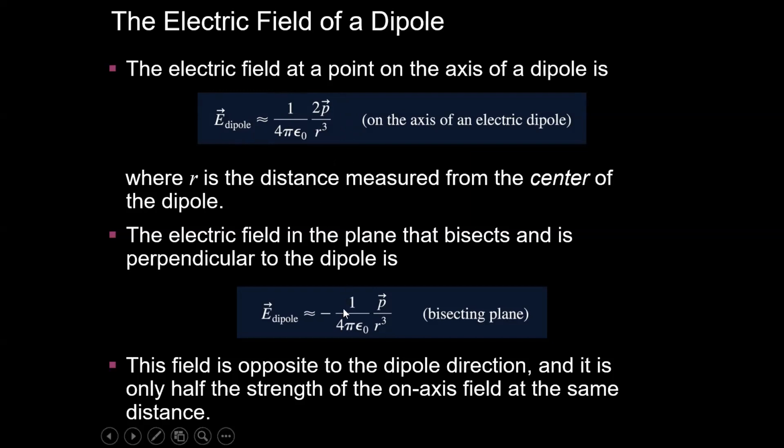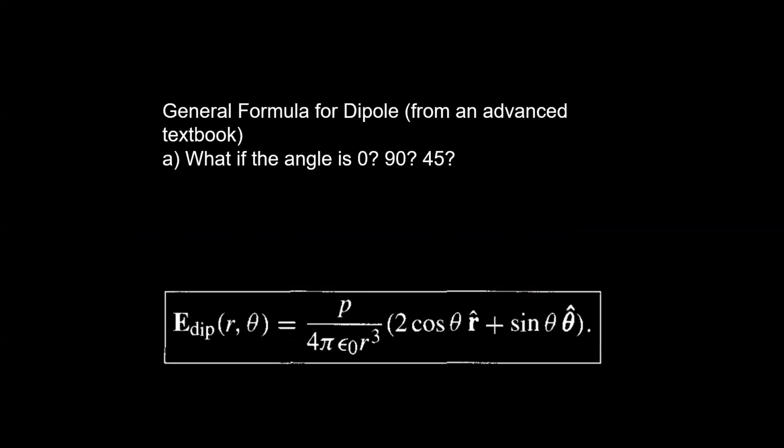And for the bisecting part, you have the opposite effect. It's negative, so it points against the direction of the dipole moment, still dropping off as 1 over z cubed, or 1 over r cubed. If folks are interested, this happens to be a general formula to deal with the electric field of a dipole. You have to be careful with this notation. This is taken from an advanced textbook.